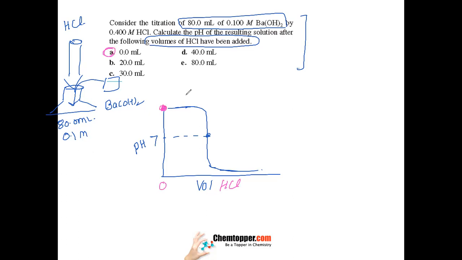Here the pH is controlled by only the initial concentration of Ba(OH)2. No one else is there. It's a very strong base. You just write the dissociation of this strong base and calculate the concentration of OH minus. The OH minus from this Ba(OH)2 will control the pH, and pH is very high, somewhere around 12.